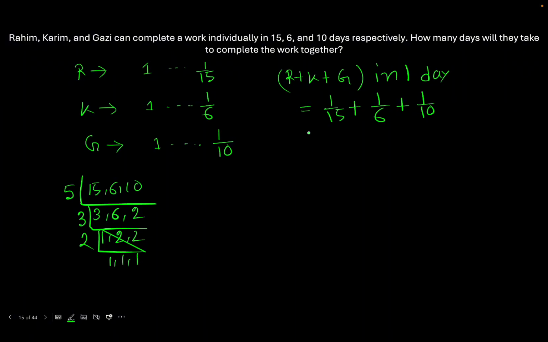So it will be 30. So 30, 2 plus 5 plus 3. So it will be 10 by 30. That means 1 by 3.